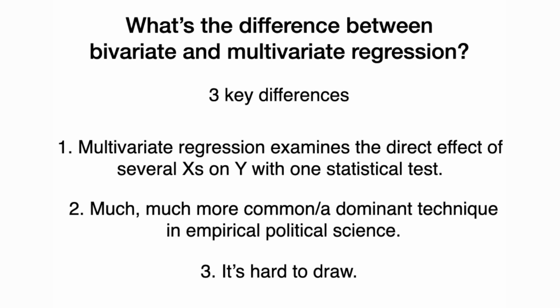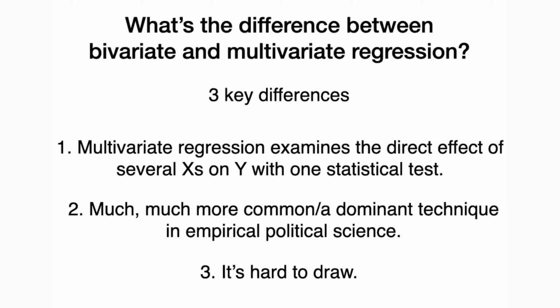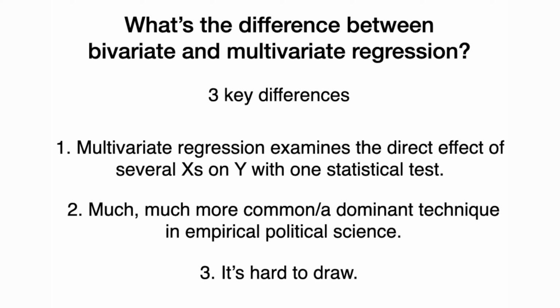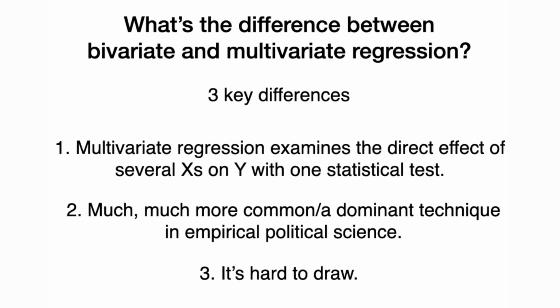The third difference, and if you're sitting there wondering why I bothered teaching you the bivariate stuff if you never use it: I did say that one piece is literally the only time I've published a series of bivariate regressions in my life. So why bother to take the time to talk about that? Bivariate regressions are easy to draw. Multivariate regressions are not.